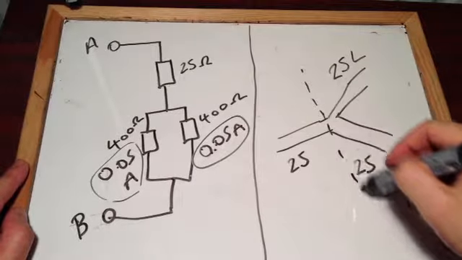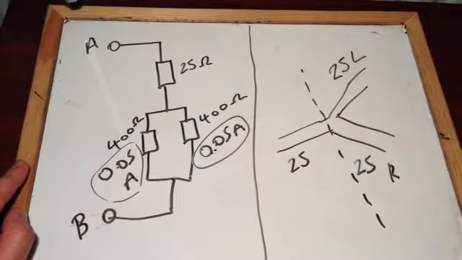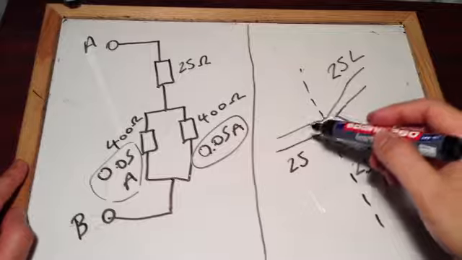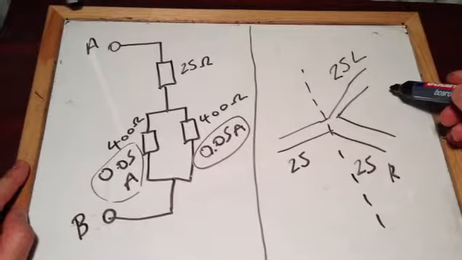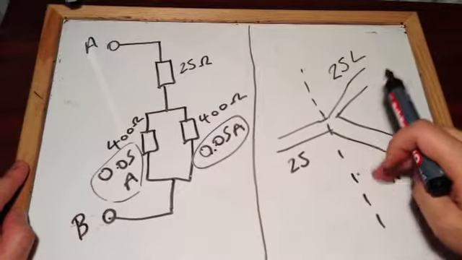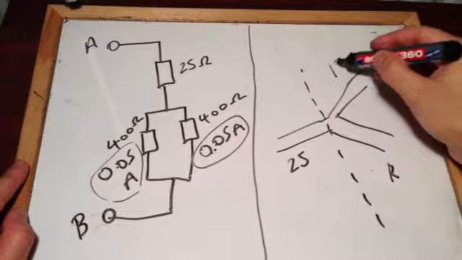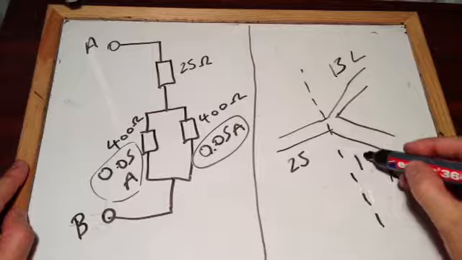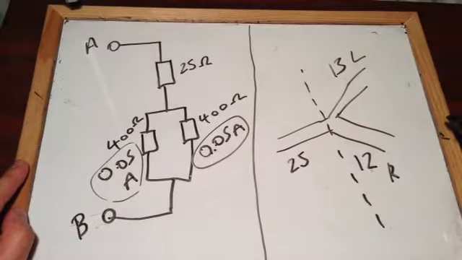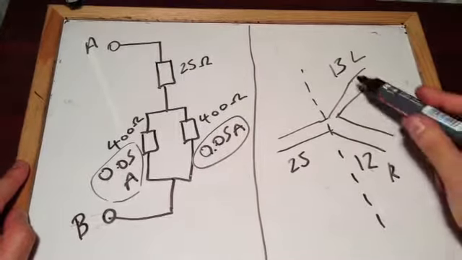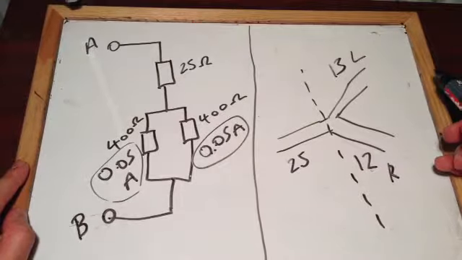Why? Because before and after I must have the same number of people. If I have 25 people beforehand, I must have 25 people afterwards as well. So maybe 13 people went down this way and 12 people went down this way. If we add these together, we still get 25.